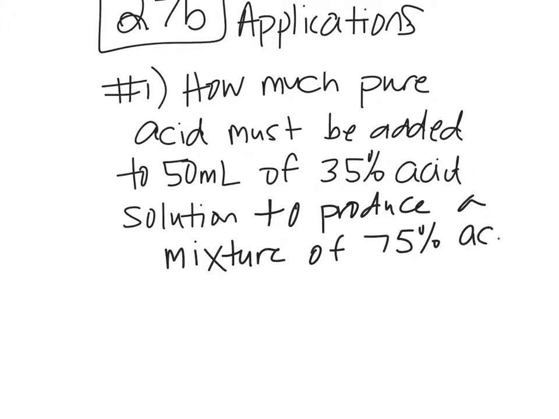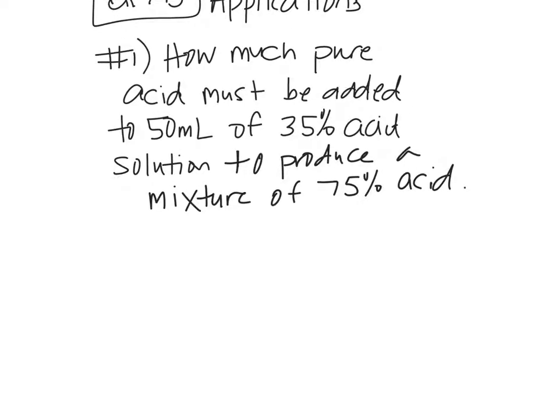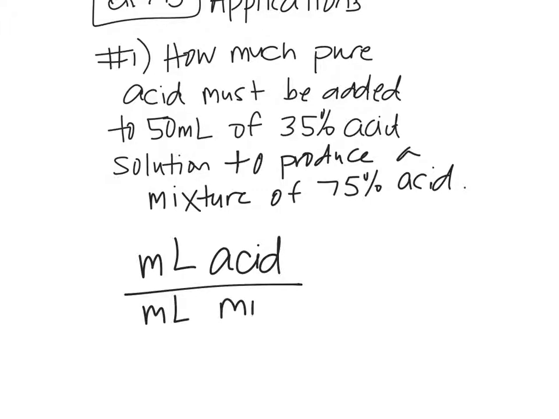Okay, so right now we have a solution and it's only 35% acid in there. We want to up it, but we've got to add some pure acid to make it 75%. So this is what you're going to do. The milliliters of acid over the milliliters of your mixture gives you your percent concentration.